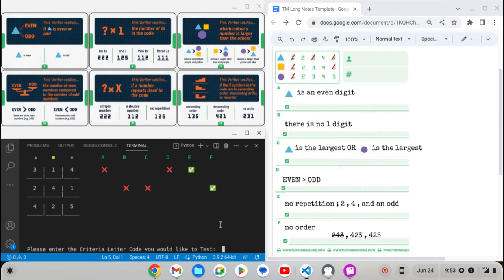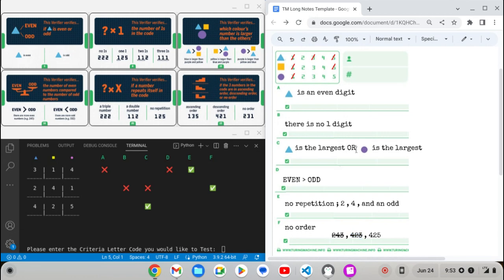Okay. All right, so we're testing C. Okay, so there it is. 4, 2, 5 is the correct answer, since that's what the Turing machine is confirming. So that means circle is the largest.